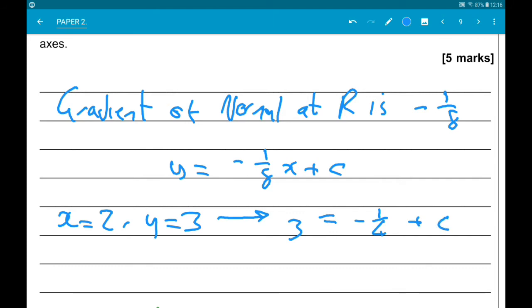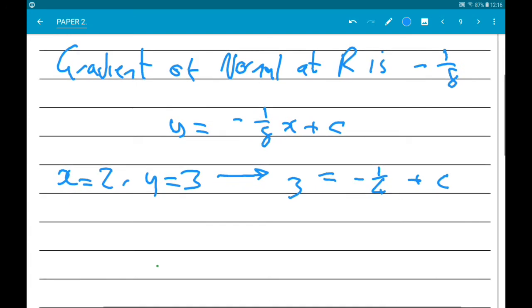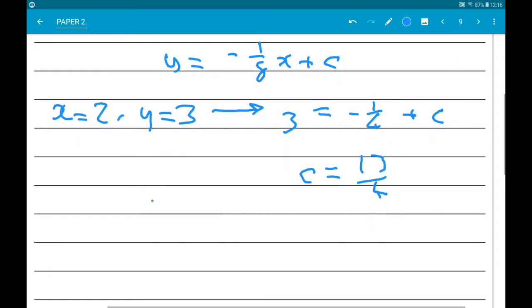Add the quarter, and we get c is 3 1/4, so 13 quarters. Okay, so now we know the normal is y is minus 1/8 x add 13 quarters.